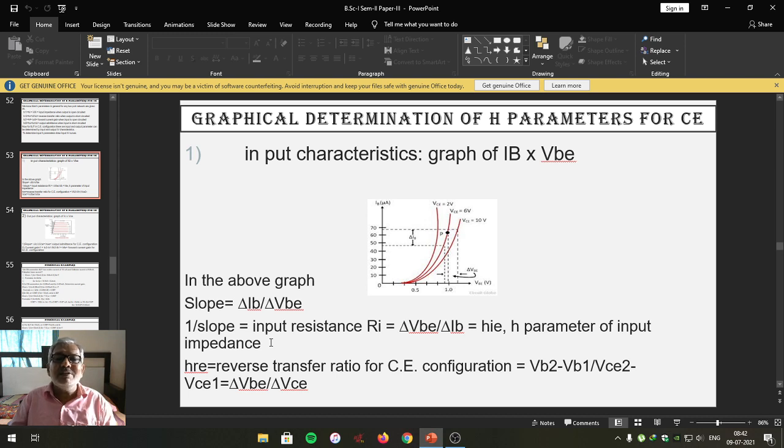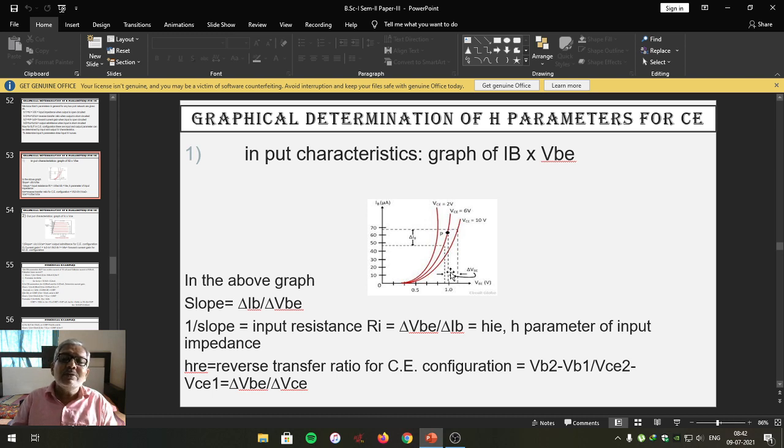This is the first parameter which we have calculated. In general we can call it H11 or hi. For common emitter it is hie. It is the ratio of delta VBE upon delta IB, which can be calculated by drawing the tangent to the particular curve and finding its slope.